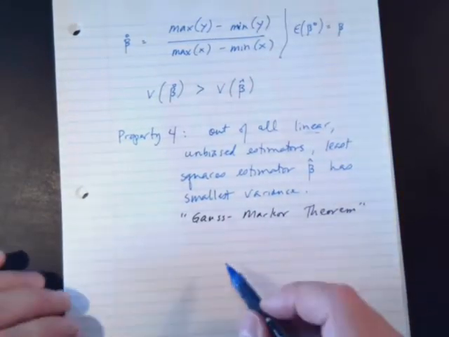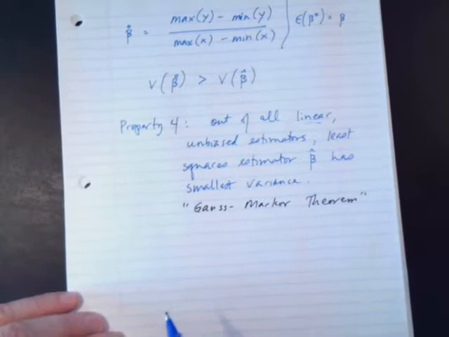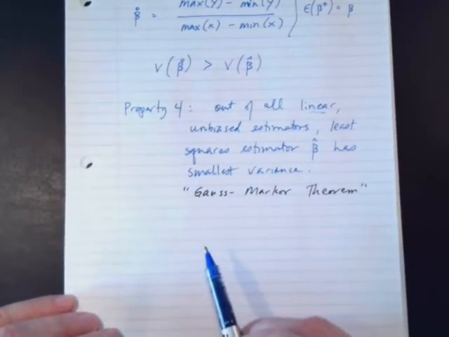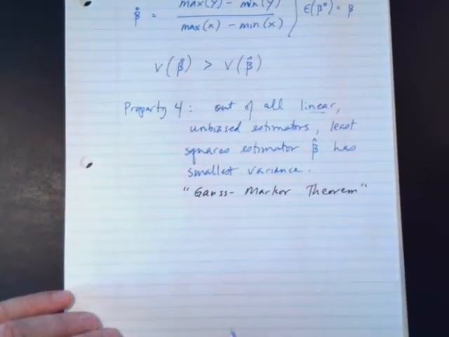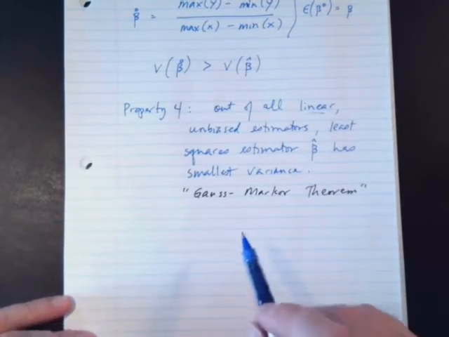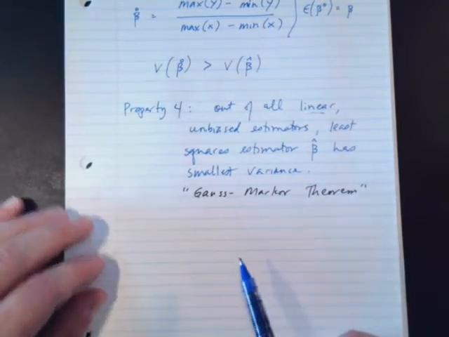So what I'm going to do is sketch out how the Gauss-Markov Theorem works. I'm not going to examine you on the proof, but I do want you to see it.